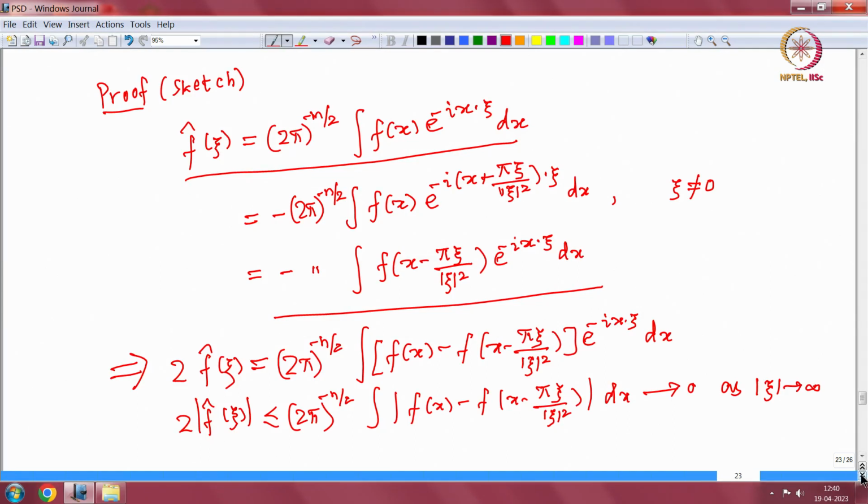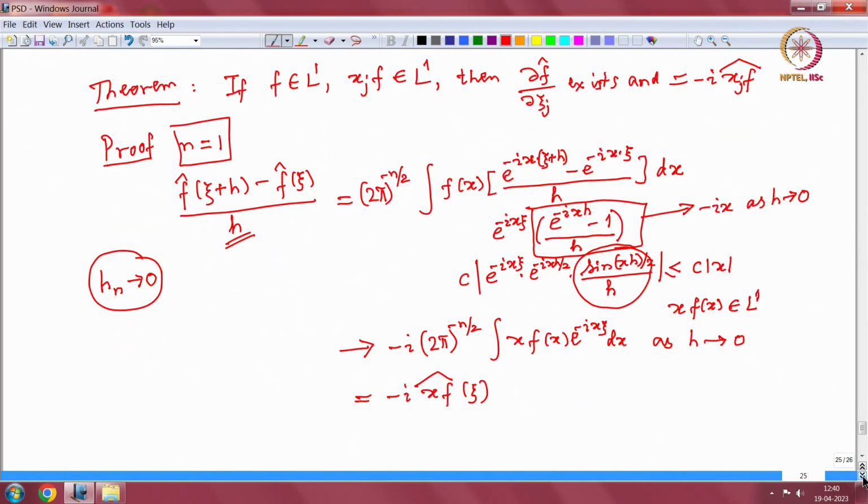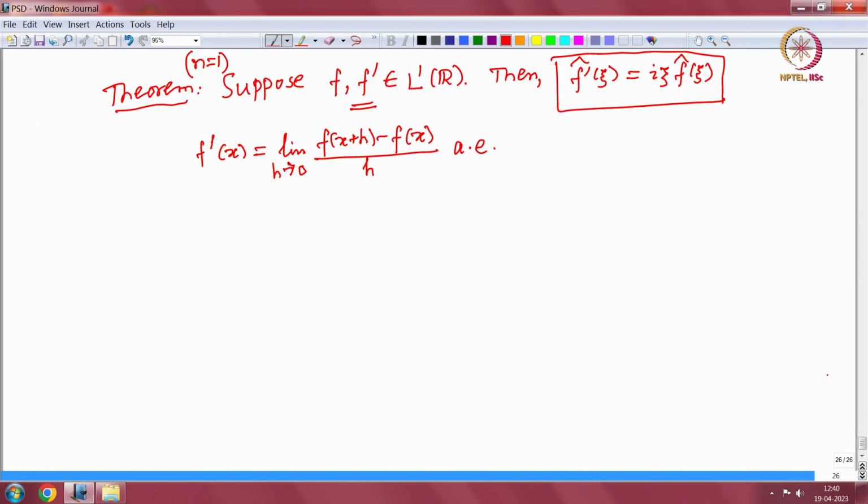Let me not go into that, but let me just give you a heuristic argument, and you should work out the details properly, because this is also an important result.